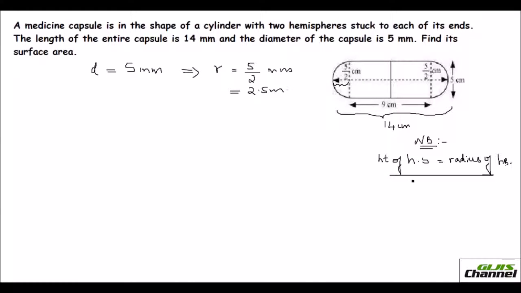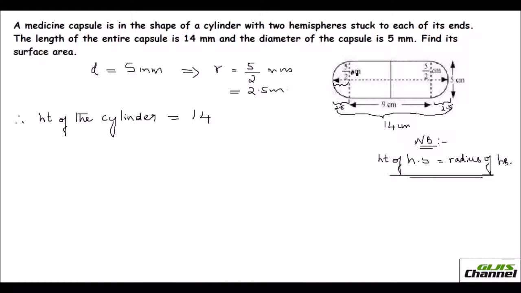So using this, this portion is the height of the hemisphere, and this side also it is the height of the hemisphere. So this is 2.5 and 2.5 here. So the length of the cylinder, or you call it height, height of the cylinder will be equal to, from the total 14 millimeters. Oh, this is millimeters.